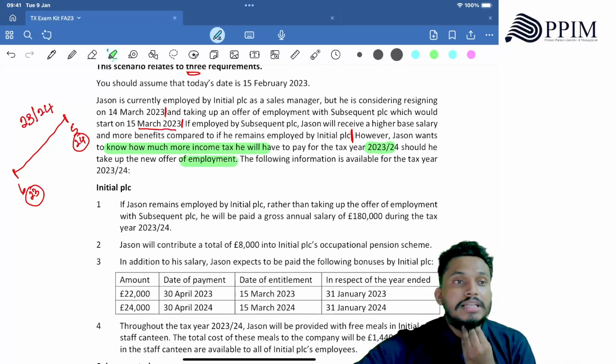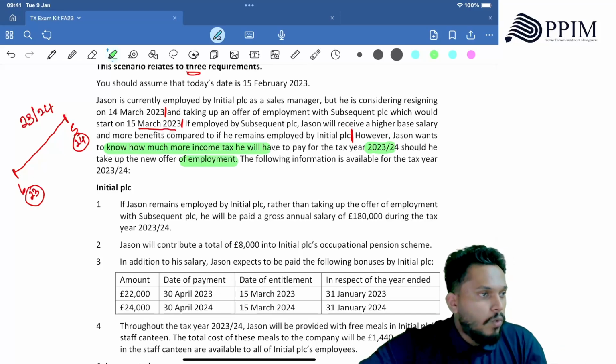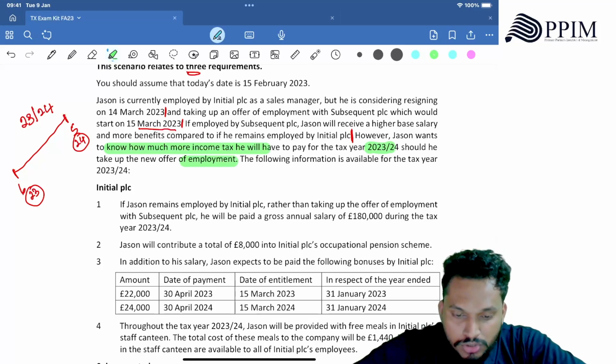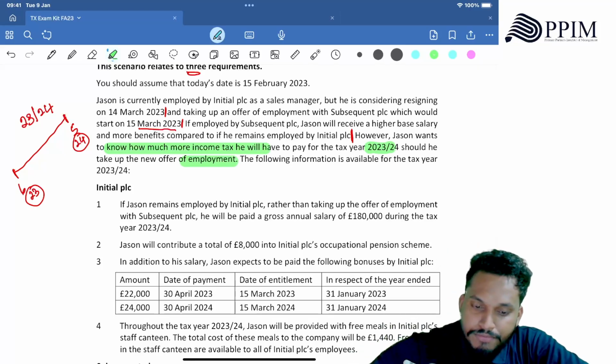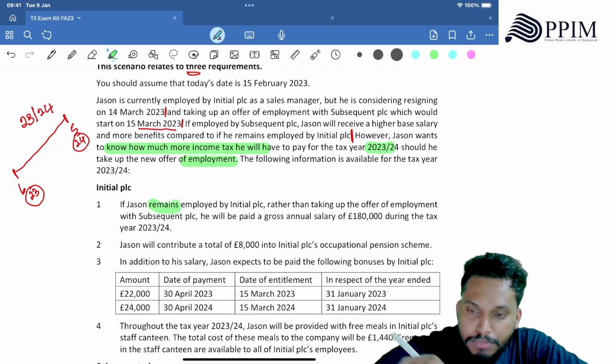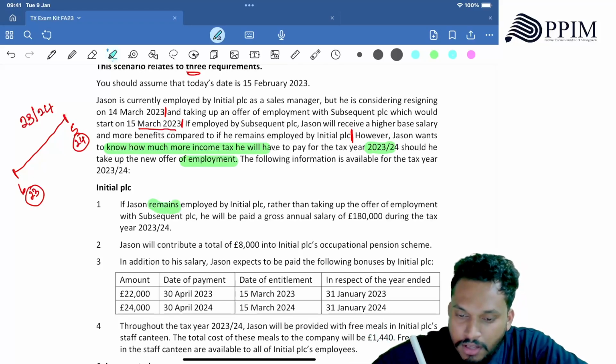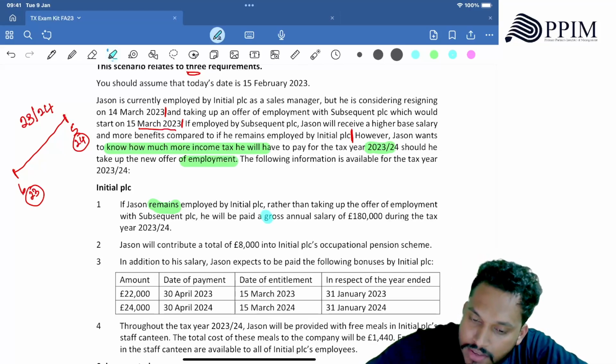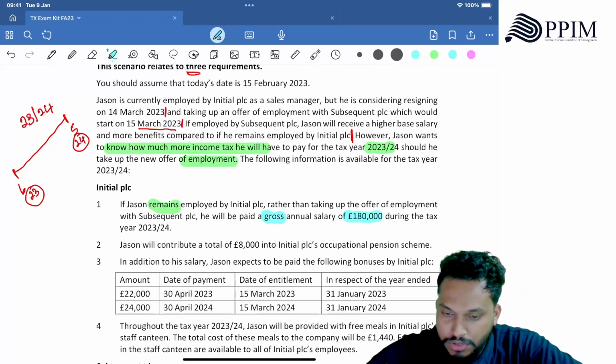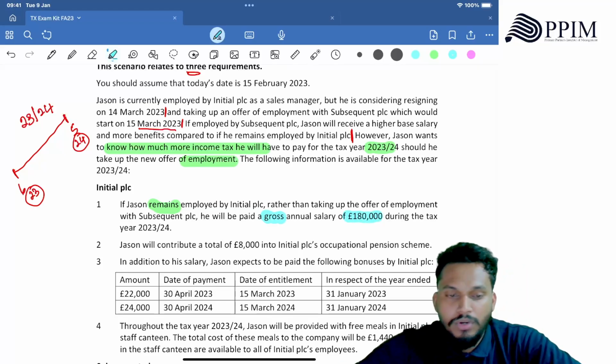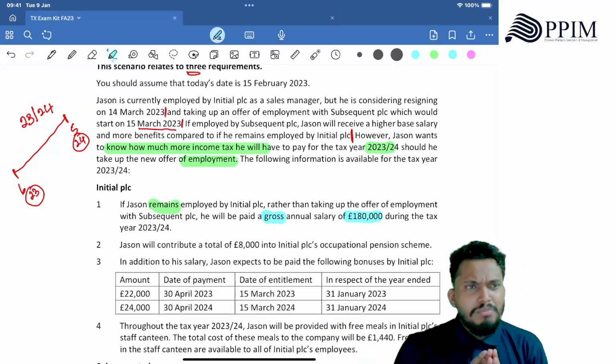So Initial PLC is the company he is working at the moment. If Jason remains in this company, rather than taking up the offer in Subsequent, he will have a gross annual salary of £180,000 during the tax year 23-24. So this is one part of my record.